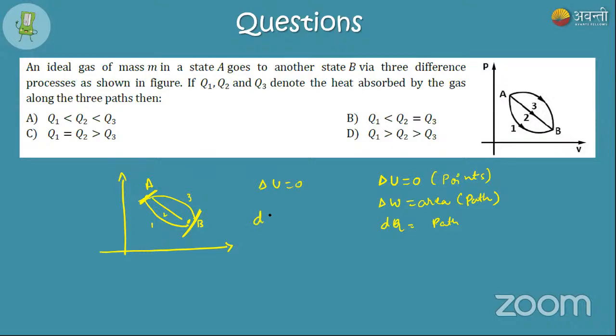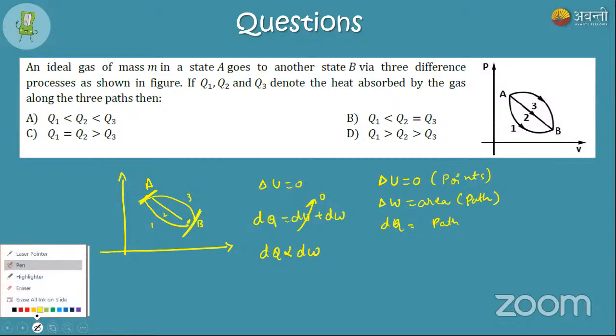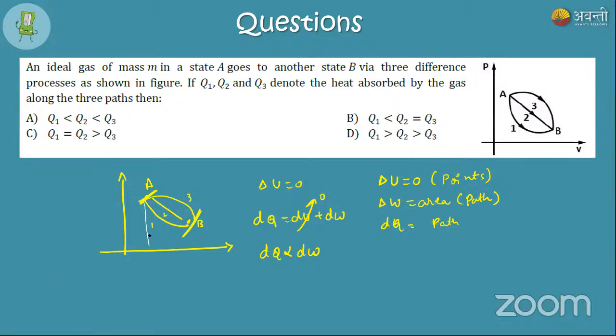Therefore, in the first law, dq is equal to du plus dw, for all three processes du is equal to 0. Therefore dq is directly proportional to dw. You can easily notice that for the first case, work done is less, it has lesser area. For the second case, work done is a little bit higher, and for the third case, work done is much higher.